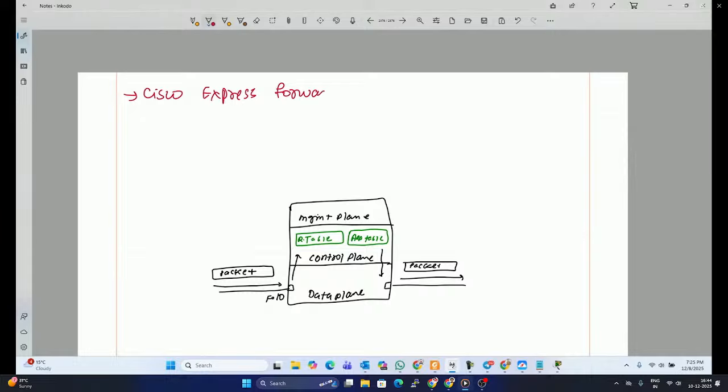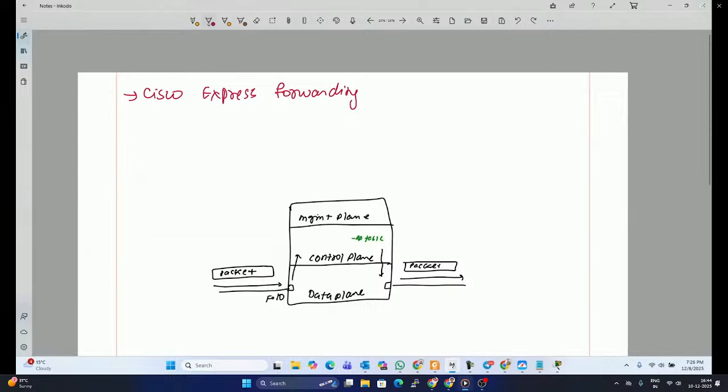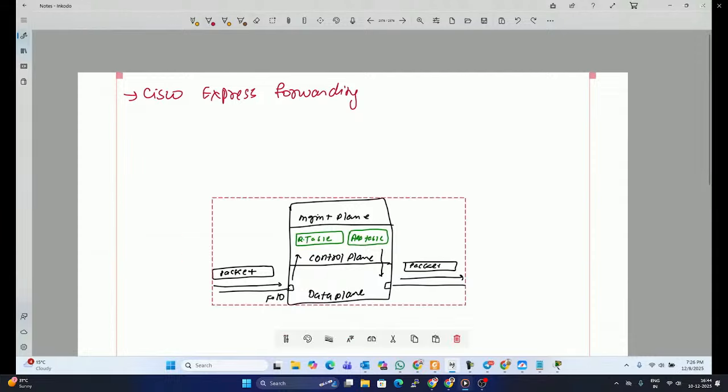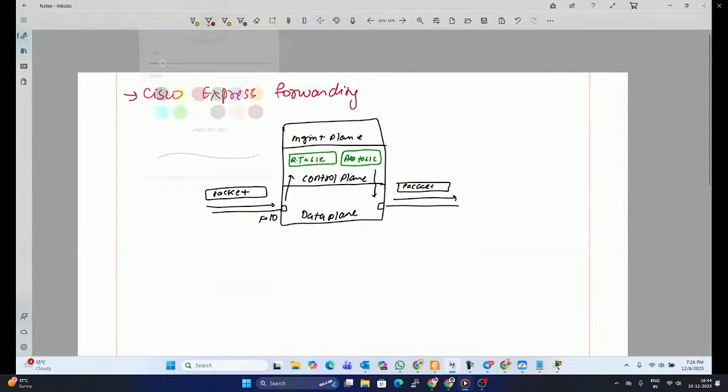So the router will maintain the routing table and ARP table. But in case of CEF, they said a very simple concept. They said that the CPU will maintain all these things, but we will be creating a replica in the data plane.